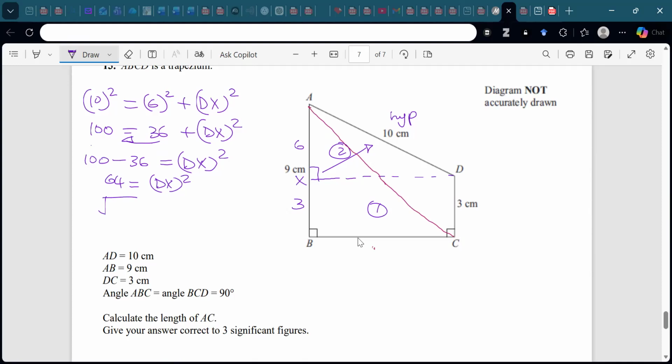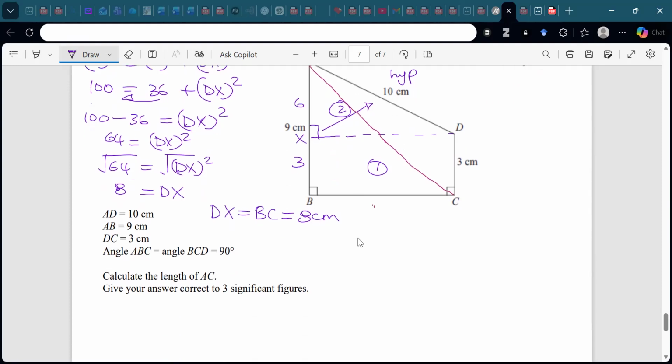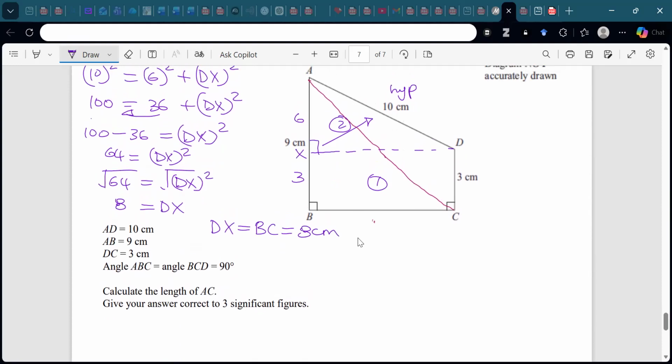So we take the square root of both sides, the square root of 64 and the square root of DX squared. So we're going to get that 8 is equal to DX. So DX is equal to BC, which is equal to 8 centimeters. So with that in mind, we can now go ahead and find the length AC.